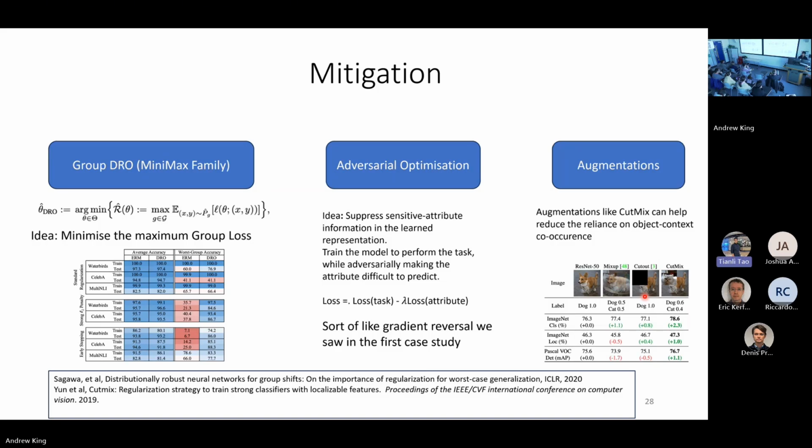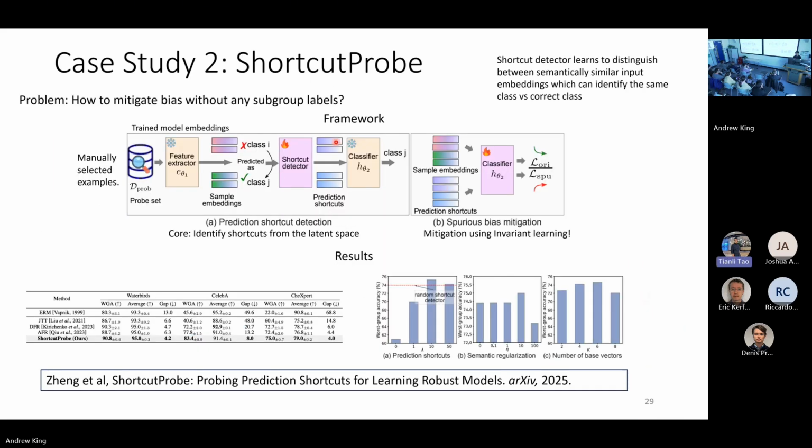So these are some of the common approaches. Now I'll present a recent work on shortcut detection and mitigation. Until now, in all the cases we have discussed, we knew about the shortcut attribute, whether it be age, gender, sex, or race. But in this case, let's say we do not know the attribute that's causing shortcut learning.